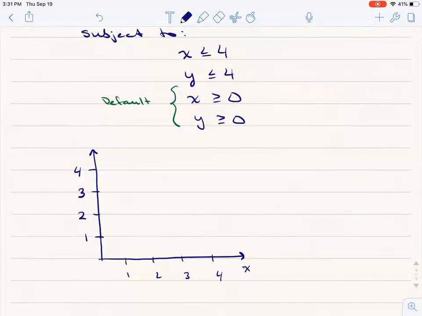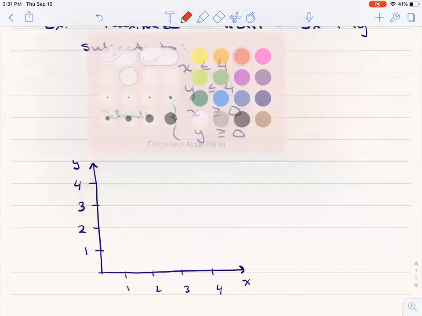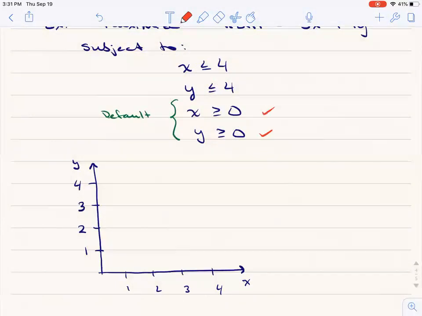This is your x-axis, this is your y-axis. Okay. So by drawing our axes, right, we've already covered these two restrictions in the bottom, right? And so we can check those off. That one's on there, this one's on there.